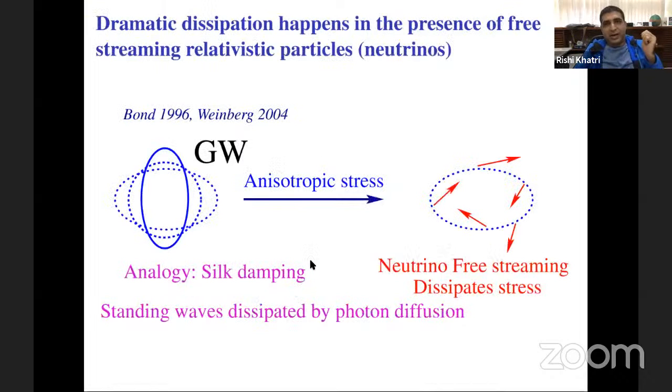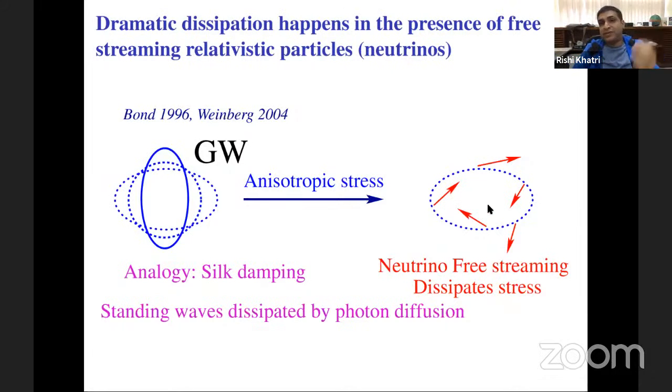But there is one important constituent of the universe which has a dramatic effect on these gravitational waves, and those are free streaming neutrinos. This was first pointed out by Bond in numerical calculations and then studied in more detail by Weinberg. What happens is that gravitational waves introduce an anisotropic stress in the neutrino field. They produce anisotropic perturbations in the neutrinos on horizon scales.